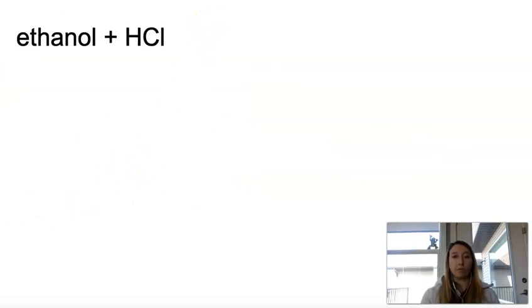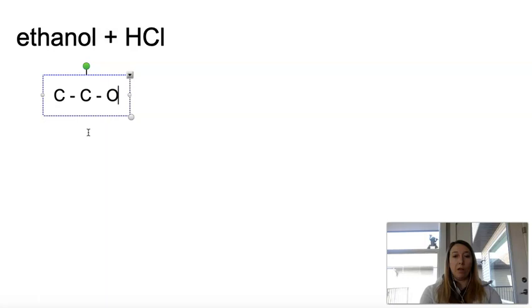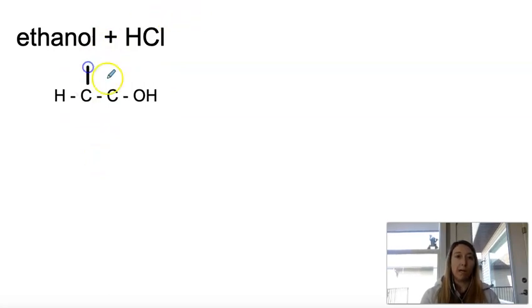Okay, so let's look at our first example. We have ethanol plus HCl. So ethanol means we have 2 carbons. There's a hydroxyl group on one of them because it's an ethanol. So that must mean that everything else has some H's on it, and then we fill in those extra spots with our H's.